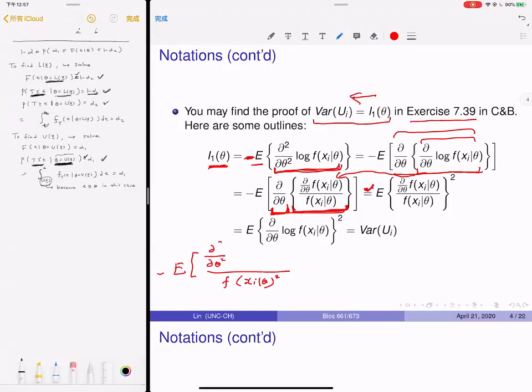I'll do the numerator first, times the denominator. Then minus, you do the numerator again, partial theta.